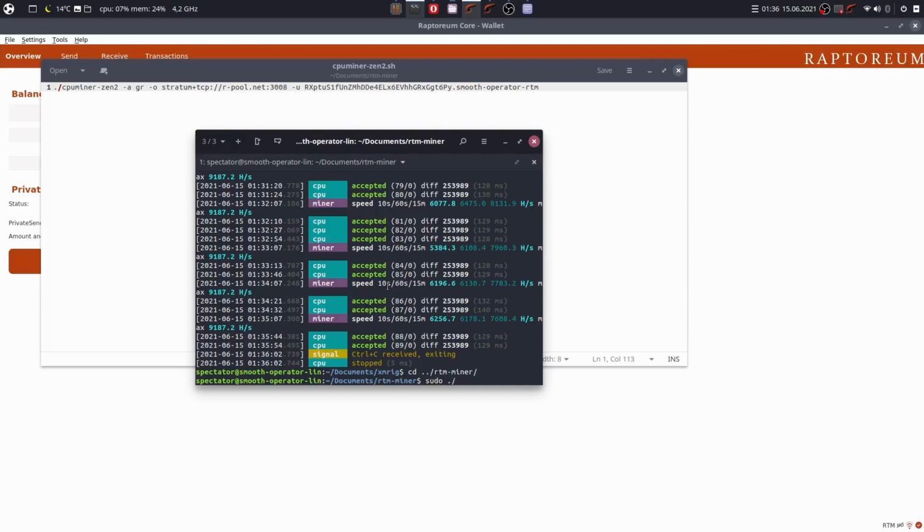I'm launching it with administrator privileges because huge pages require administrator rights to be active, and huge pages bring a bit more performance, improves hash rate a bit.